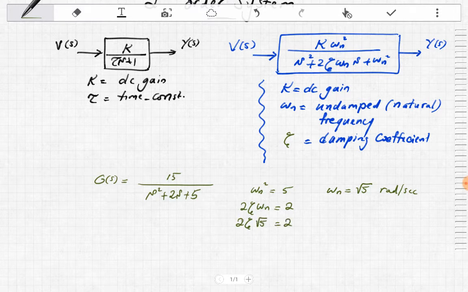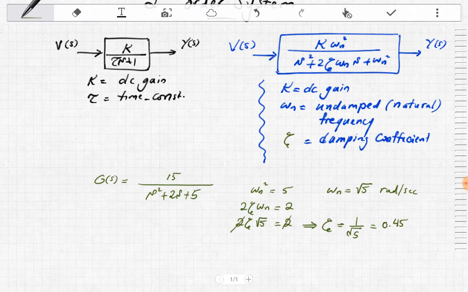Cancel 2 with 2, and your eta will be equal to 1 over square root of 5. If you have a calculator, you may calculate this in decimal, and it is 0.45. And this has no unit, it's just unitless.